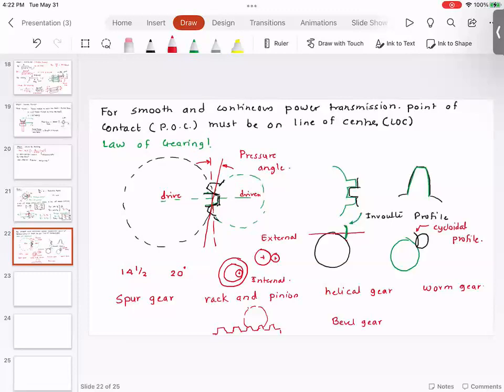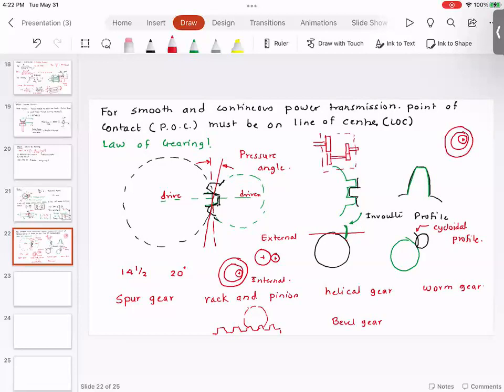You can have a planetary gear train wherein you have the external gear, you have an internal gear, and then the internal gear rotates around the external gear. You can also have just a simple gear train, wherein one gear meshes with another gear, meshing with another gear, and another.